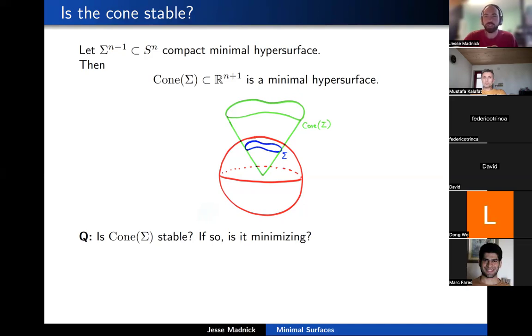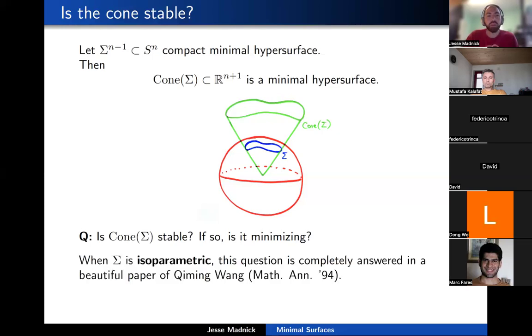There are, I think, sufficient conditions for this. There are some necessary conditions for this. As far as I'm aware, we don't have really a satisfying necessary and sufficient condition. As far as I'm aware, someone can correct me if I'm wrong on that. But in the case when sigma is isoparametric, the stability and minimizing property of the cone is completely understood.